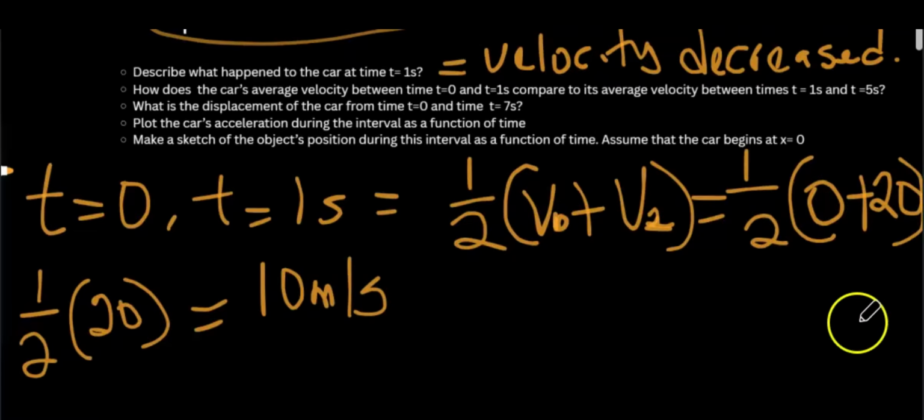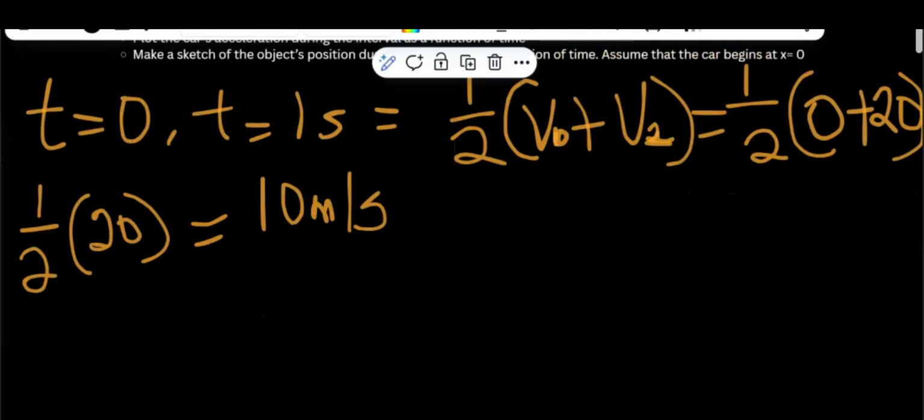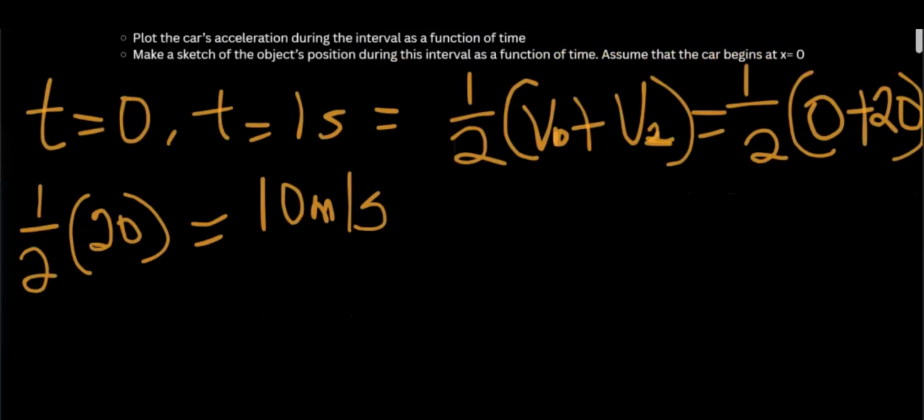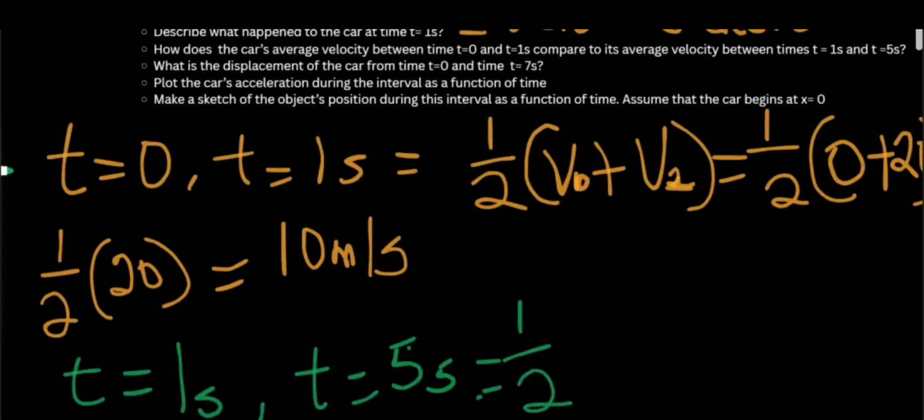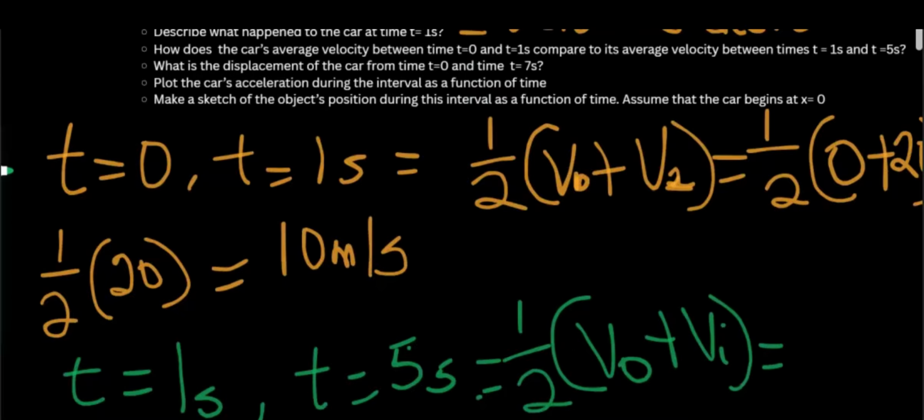So now between t equals 1 second and t equals 5 seconds, to find the average velocity, it is half the initial velocity plus the final velocity, which is equal to what?